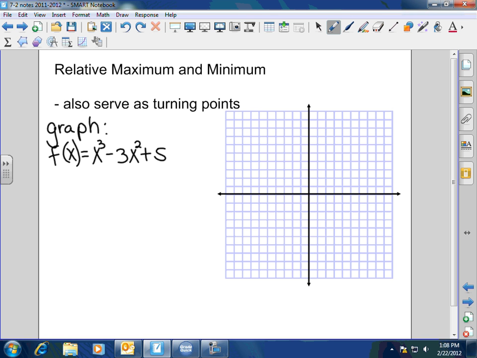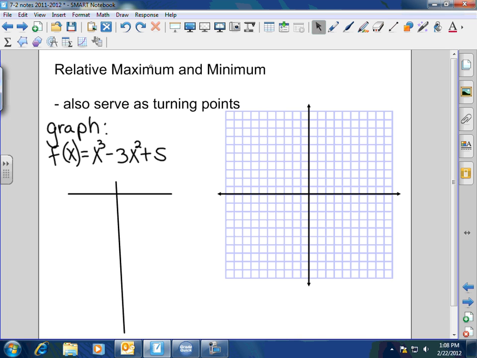And they want you to estimate the x coordinates at which the relative maxima and relative minima occur.